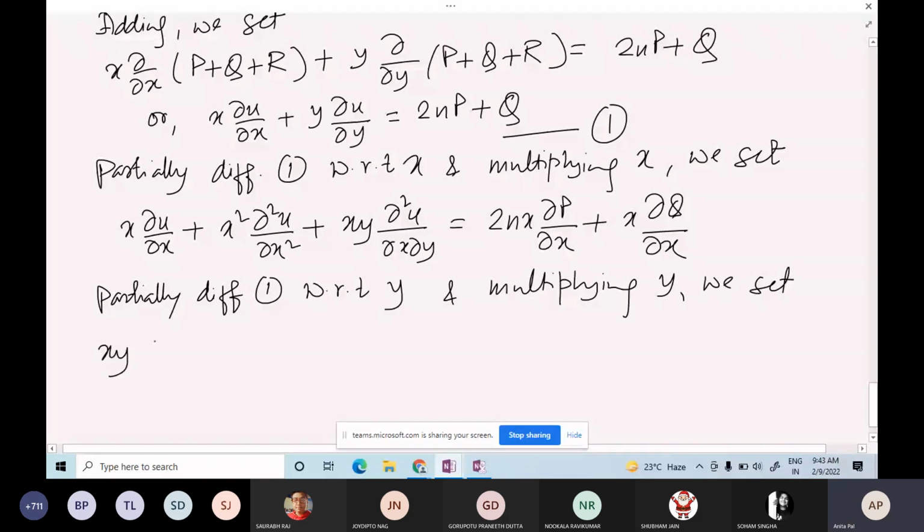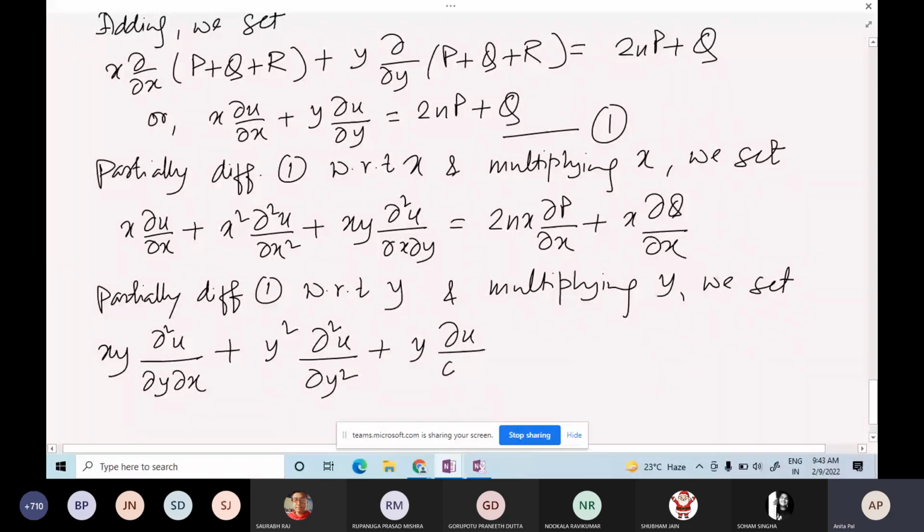We'll get x y del 2u del x del y plus y squared del 2u del y2 plus y del u del y equals 2ny del p del y plus y del q del y.